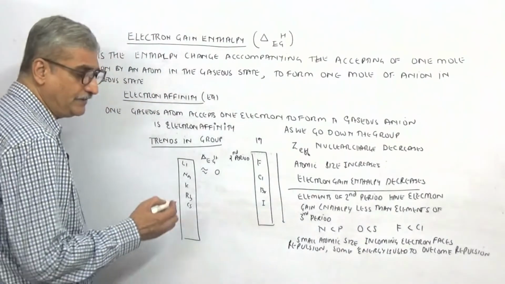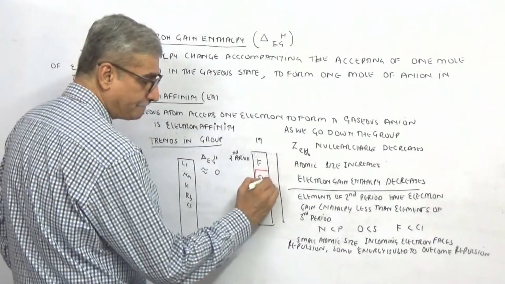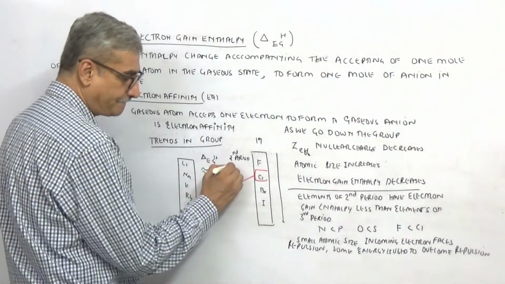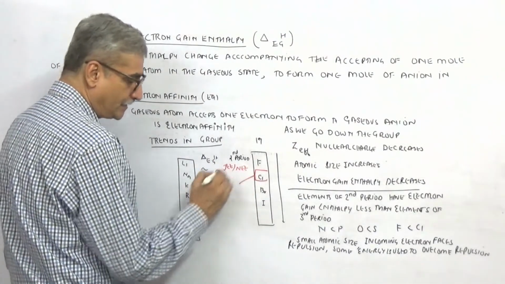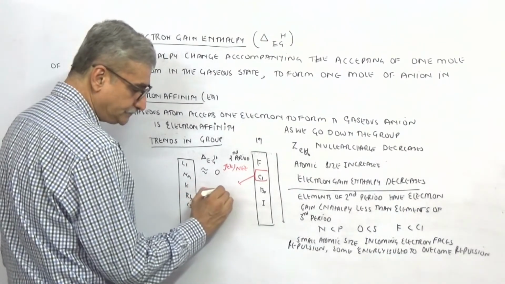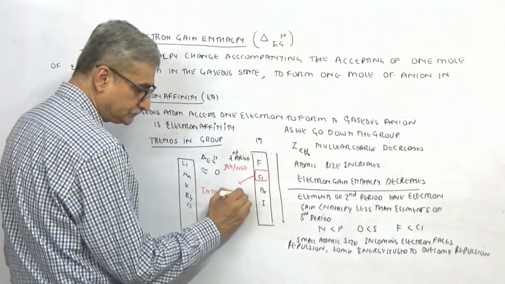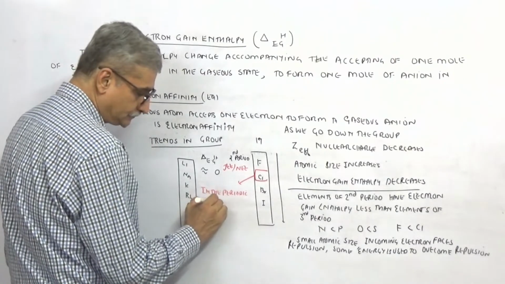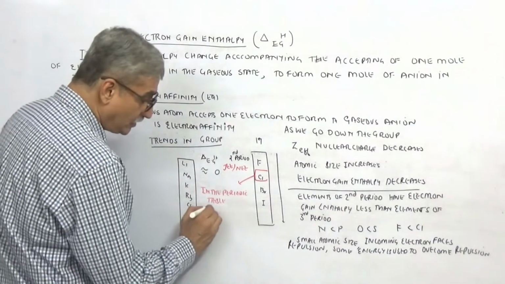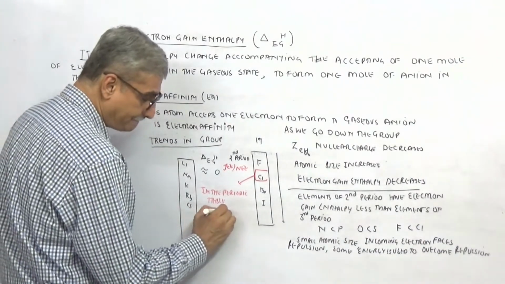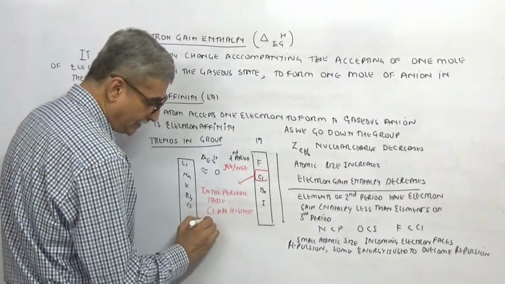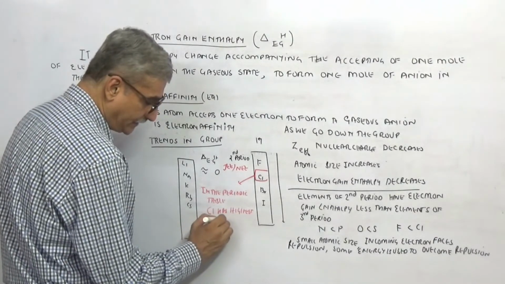That in the complete periodic table, now this is the entrance exam question, JEE NEET. What is it? That in the periodic table, chlorine has the highest electron gain enthalpy.